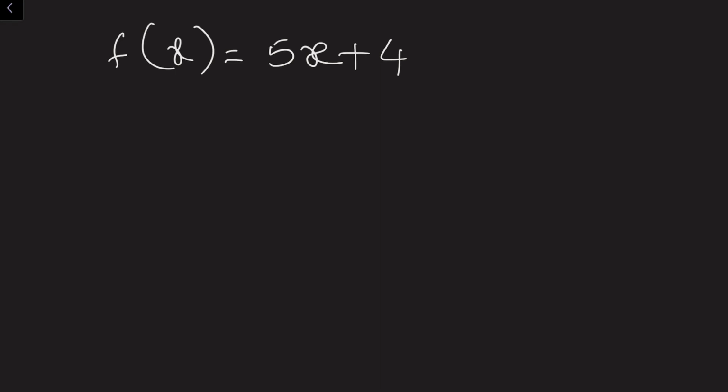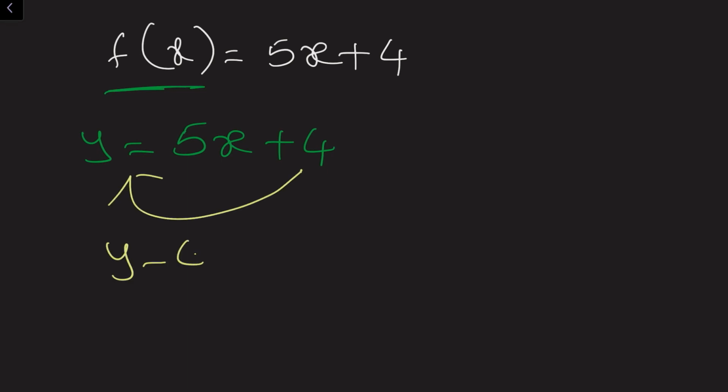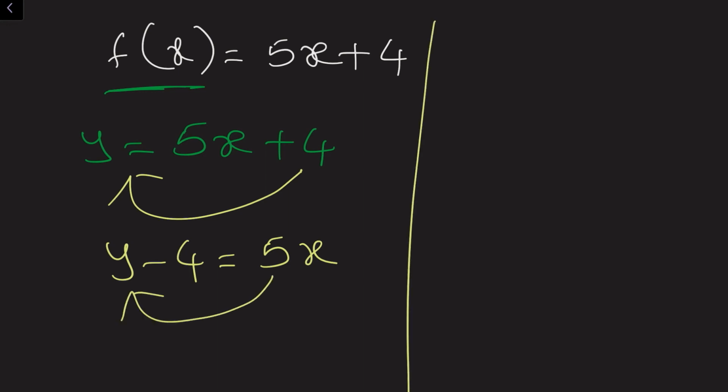So in this method, replace f(x) with y. y = 5x + 4. Now make an equation for x, the same way we did for proving onto. Take 4 to the left side, then it will become y - 4 = 5x. We want the x value, so take 5 also to the left side. Then we get x = (y - 4)/5.